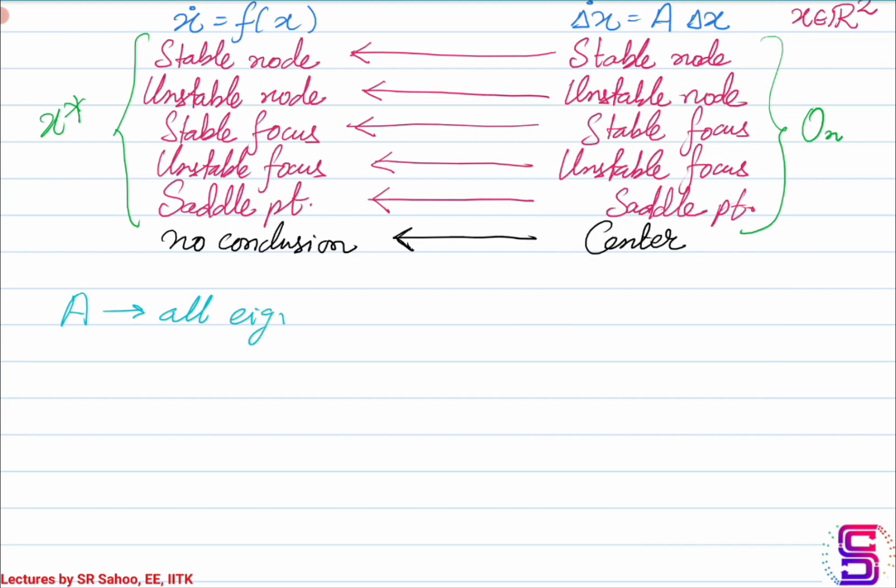All eigenvalues negative, then x star is a stable node.